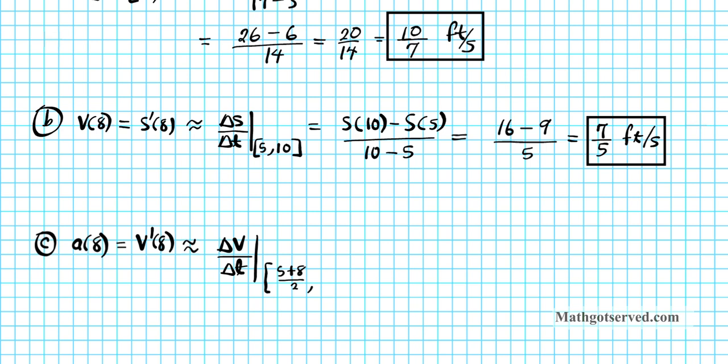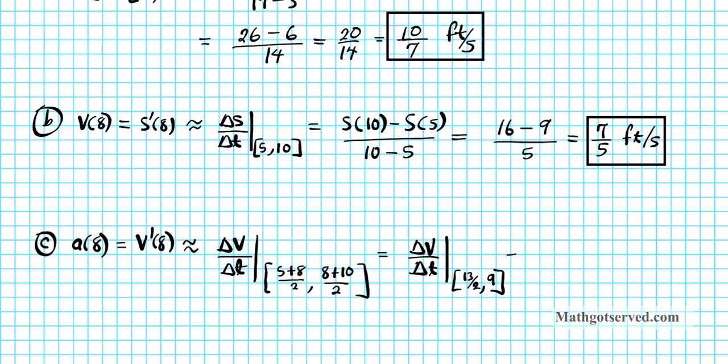That's going to be our A, and our B is going to be the average of the 2 upper values, which is 8 plus 10 over 2. Alright, so this is equal to delta V over delta T from, like we did upstairs, 13 over 2 all the way to 9.